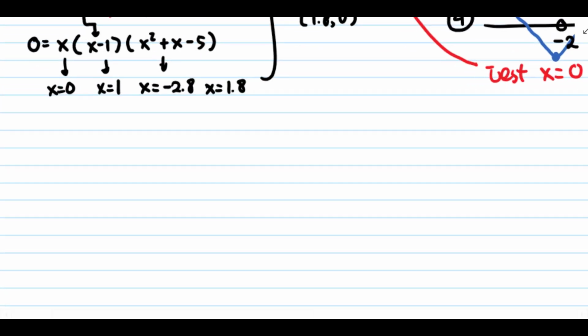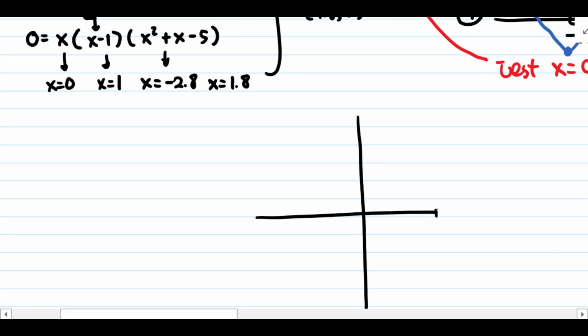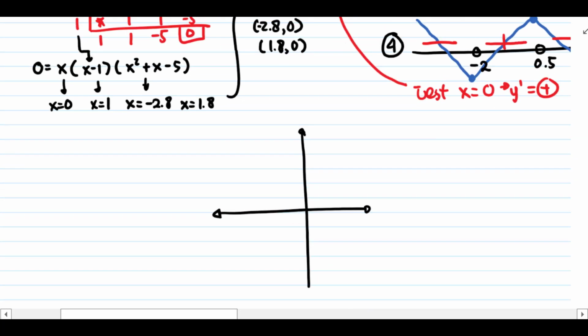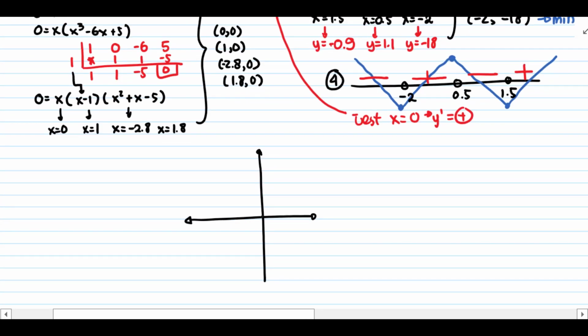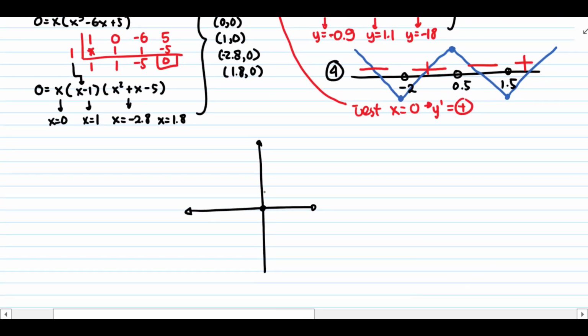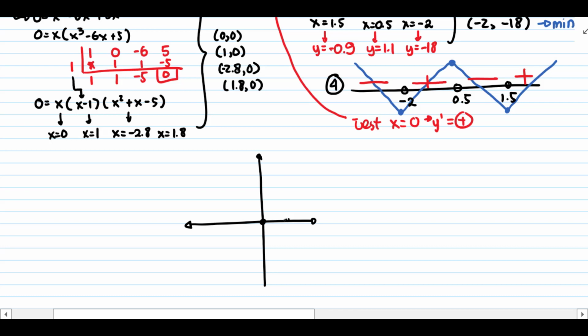data is already there, we can sketch the graph directly. So I have (0, 0) for the first one, and then (1, 0), (negative 2, 8), (1.8, 0), and this one is (negative 2.8, 0).